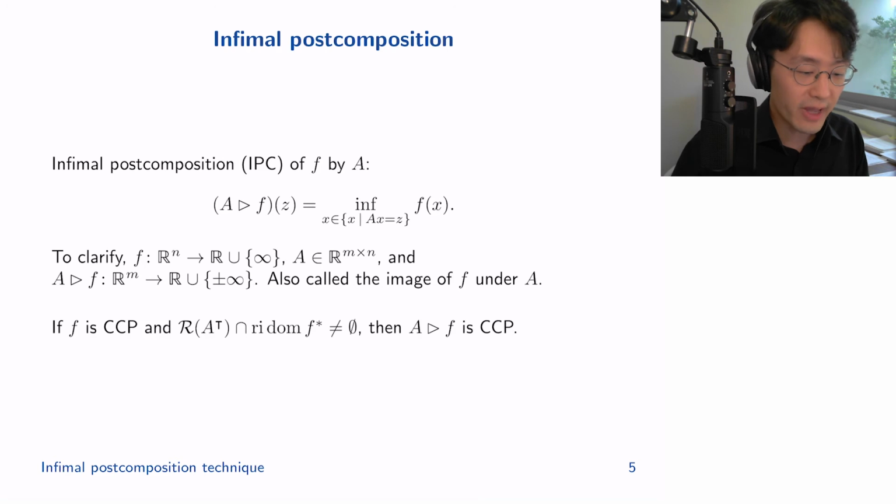The IPC of f by A is also referred to as the image of f under A. If the function f is CCP, and if this regularity condition holds, then the IPC of f by A is also a CCP function.